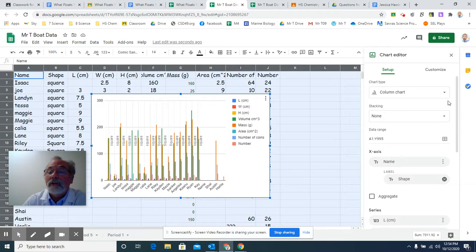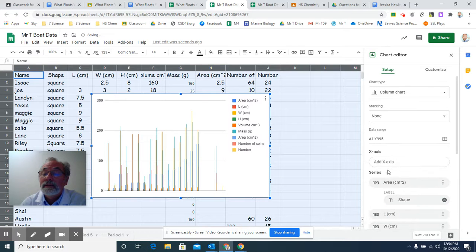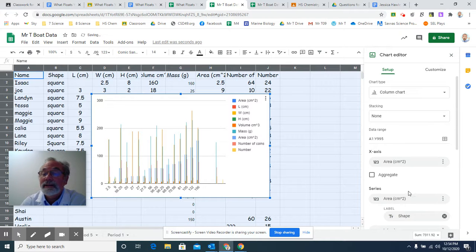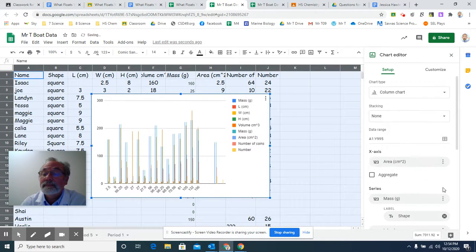So I'm going to go on the x-axis. I want it to be area. And you'll notice that it kind of fussed around with me there. This time it's area. So I don't need area here. So I want that to be mass. Get rid of the shape.